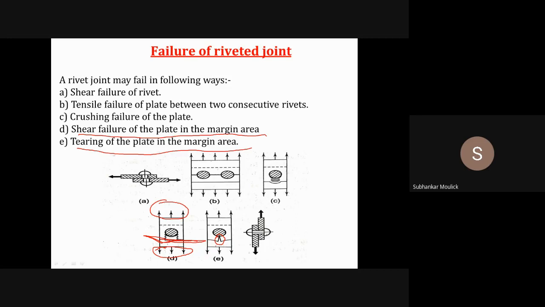This is the fifth way by which your rivet joint can fail, that is tearing of the plate near the margin area. Is it clear? Any doubt so far?